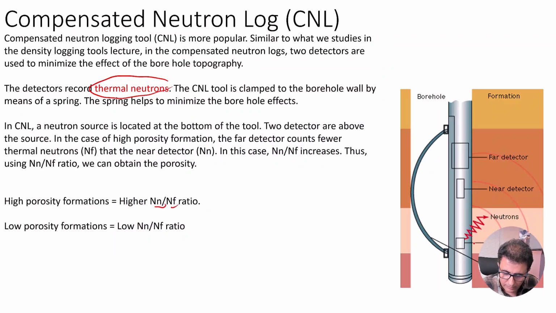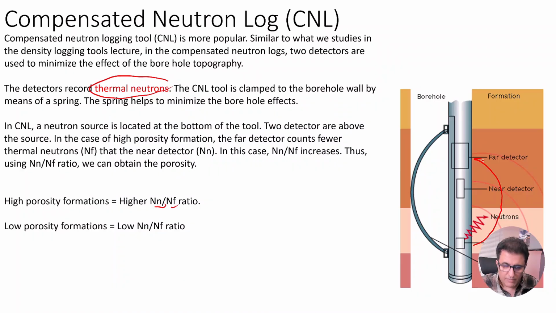And we know that when, for example, a neutron is produced here and travels through the formation, it has to go a longer route in order to get to the far detector, and as a result, it's going to get more attenuated. Generally, we should expect that the far detector will record a lower number of neutrons compared to the near detector.